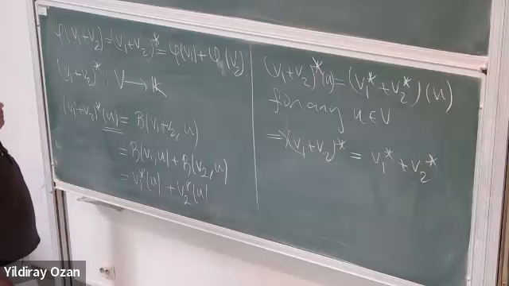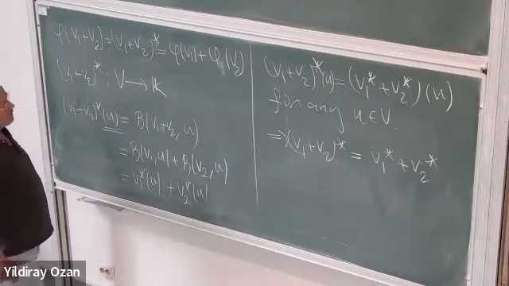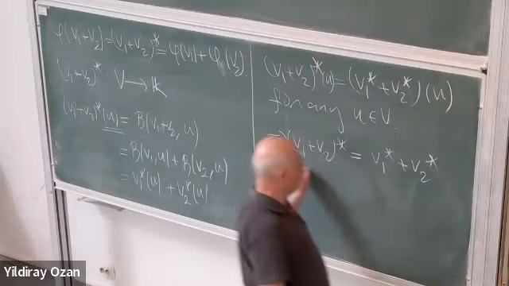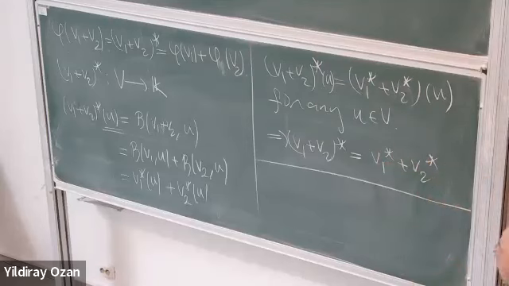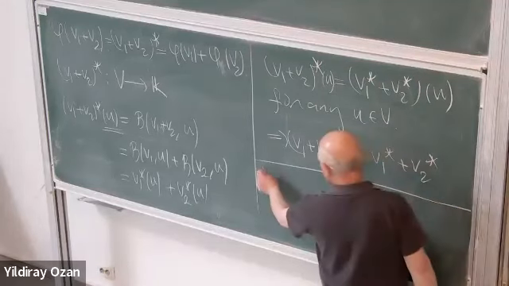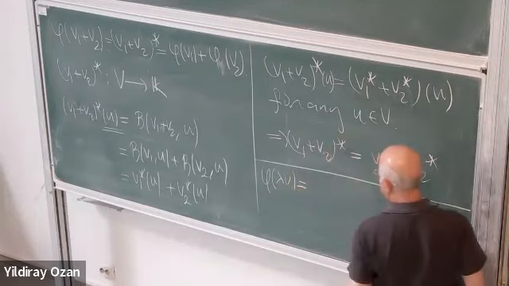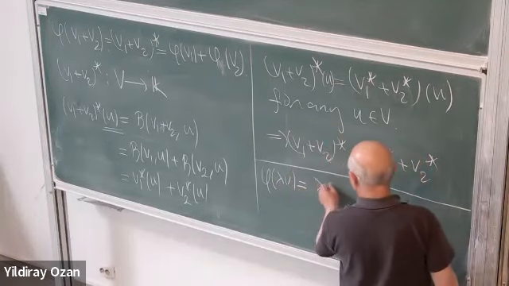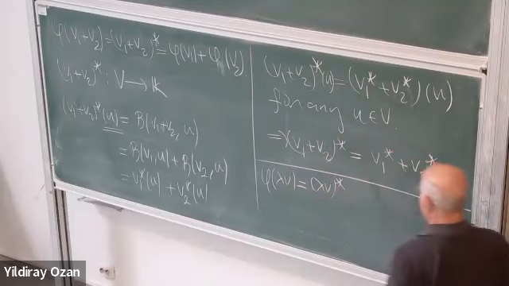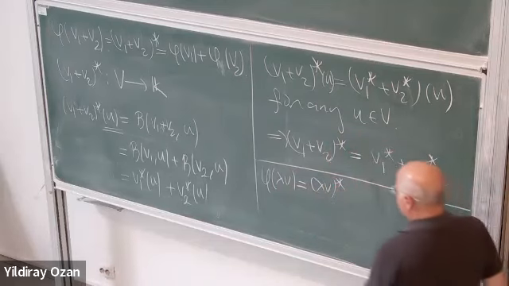Therefore, this is linear in that sense, and I also have to show that the constant goes out. Let's see that lambda B star. Well, what is lambda B star?